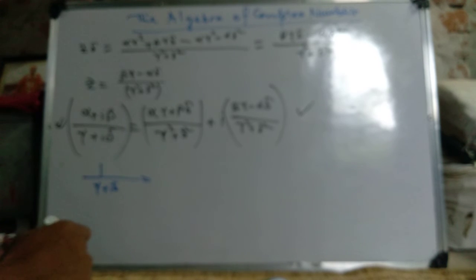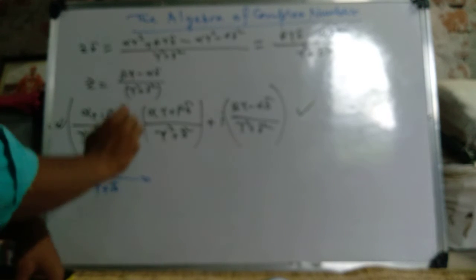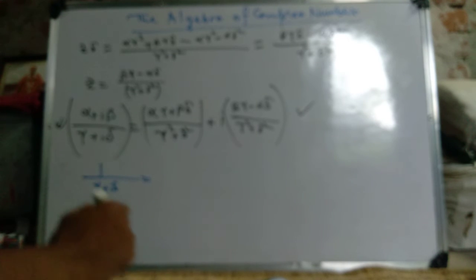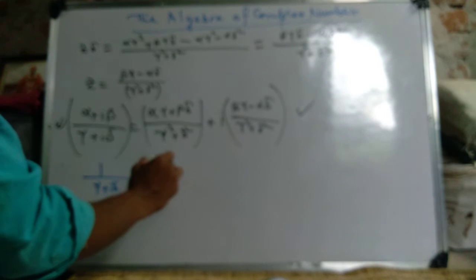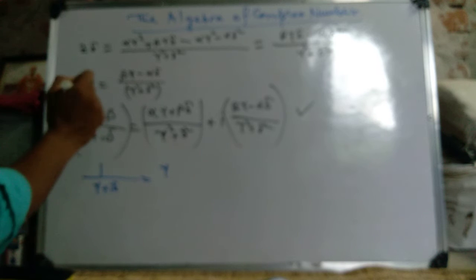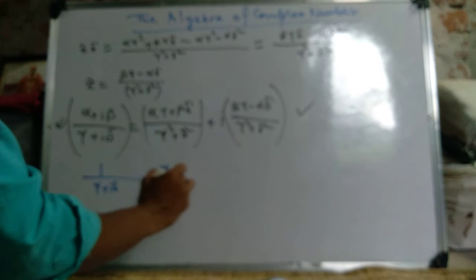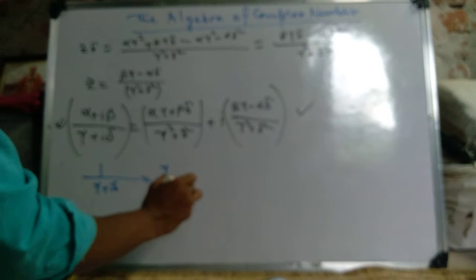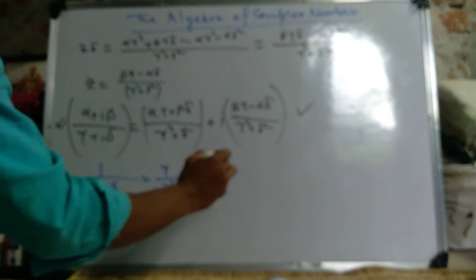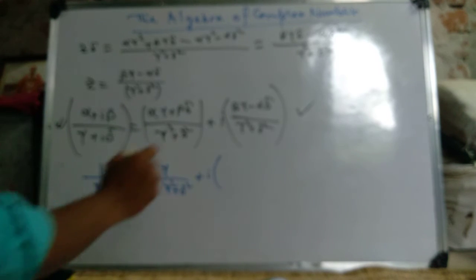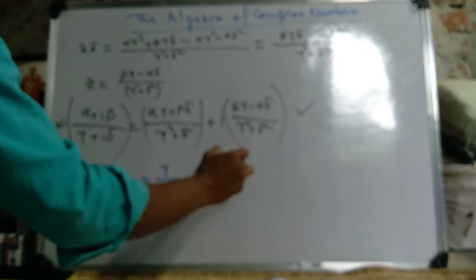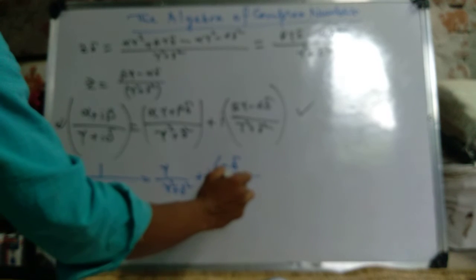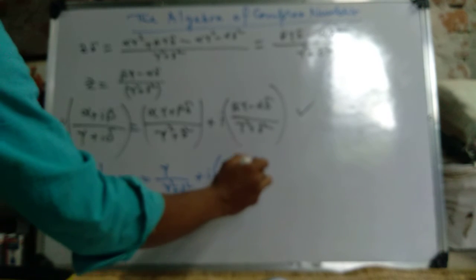Here we put alpha equal to 1 and beta equal to 0, with gamma and delta exactly the same. Then we get gamma by gamma square plus delta square, and here minus delta by gamma square plus delta square.